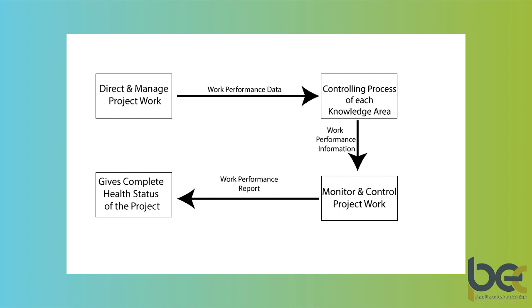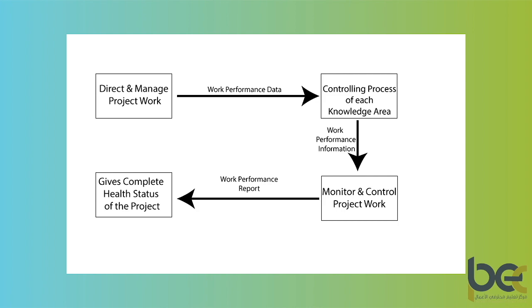When you collect this data, you compare it with the planned values so that you can determine whether you are ahead of schedule or behind schedule, whether there is scope creep, whether you are under budget, whether you are over budget. This information you will only get after you collect data at the time of execution and process it. What do you do after processing? You make a report of it and give it to the stakeholders who can make an informed decision depending on the data that is provided to them.